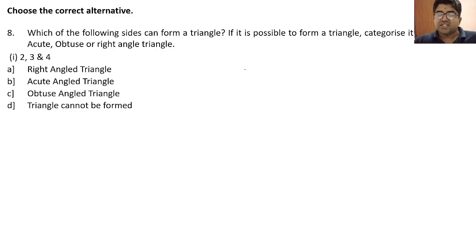Presenting it in ascending order, 2 less than 3 less than 4, I can see that 2 square plus 3 square is 4 plus 9, which is 13.